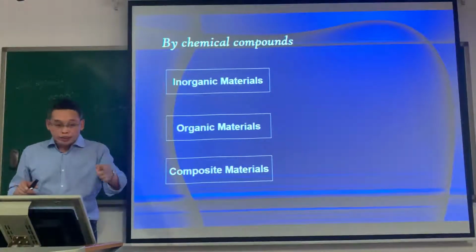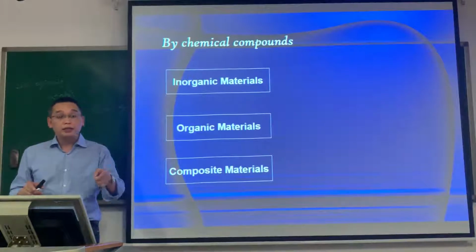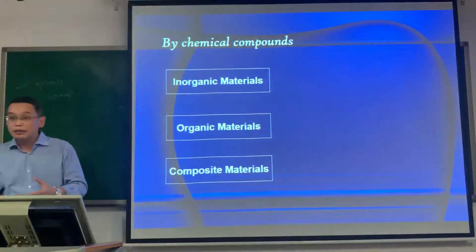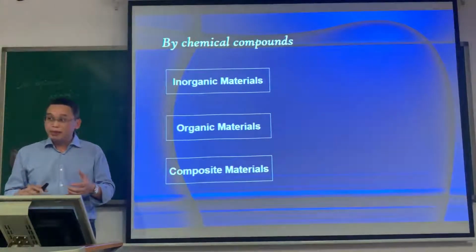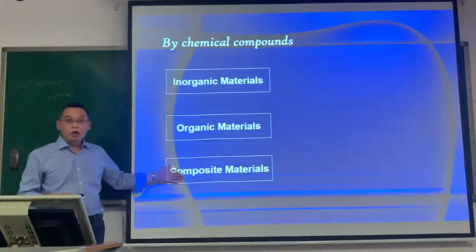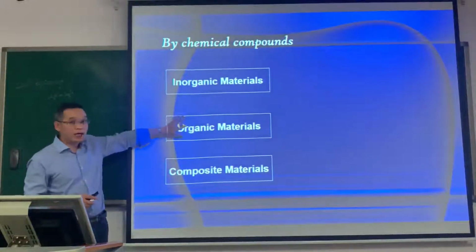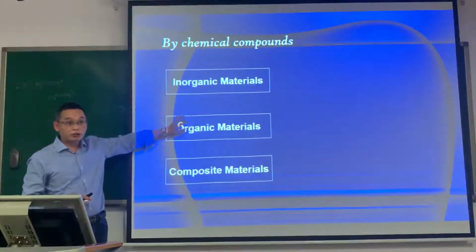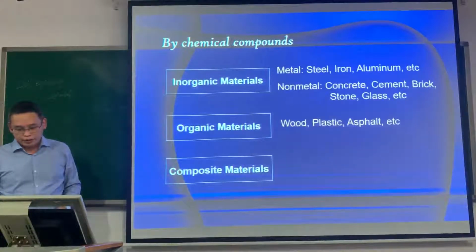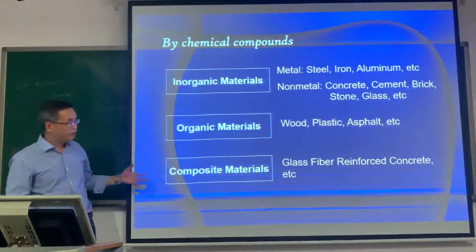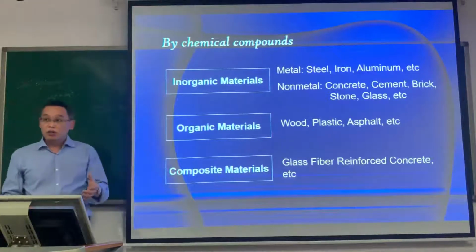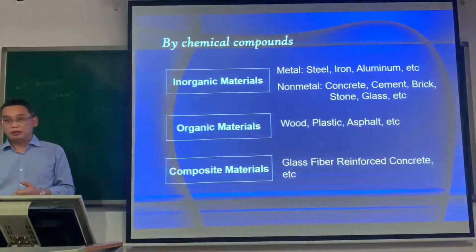Such as the wood, asphalt, rubber, plastic. And then the composite materials consist of two kinds of materials. So this is the classification of the materials by the chemical compounds.